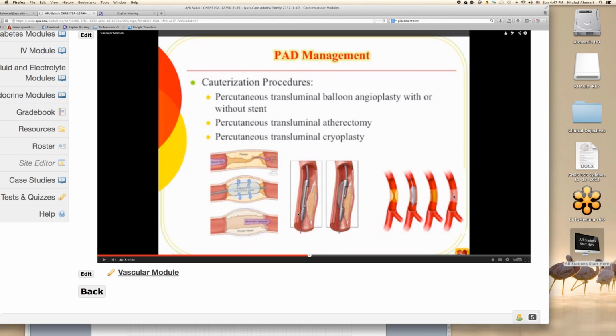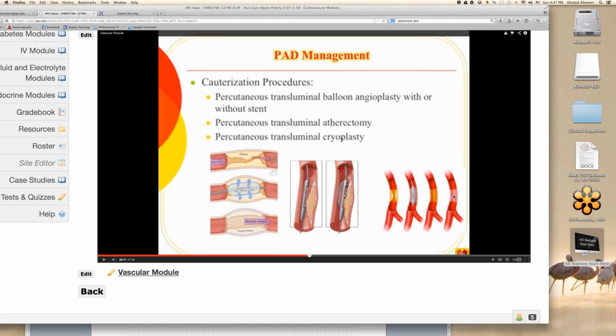So here is other management we can do. First of all, just as we did before, we can do the balloon. Or we can do the atherectomy, which is basically the same idea, a catheter, but this time it cuts part of the plaque, and it has a suction in it too.